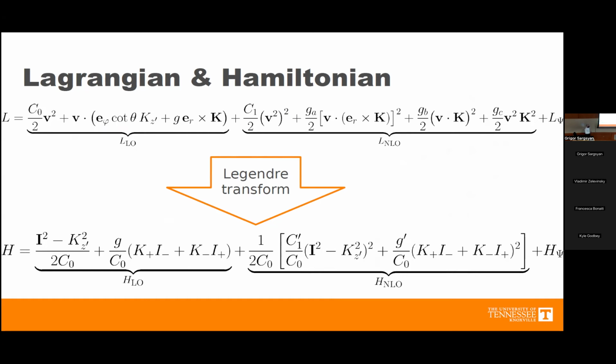The low energy constants associated with these are essentially assumed to be smaller than the low energy constants associated with the leading order contributions here.